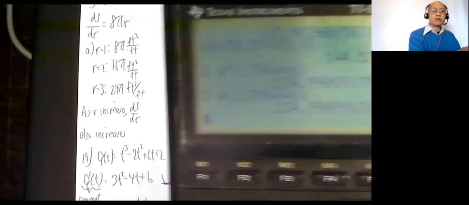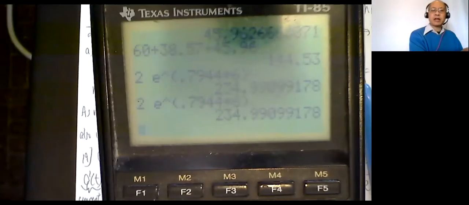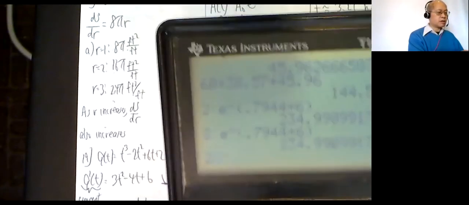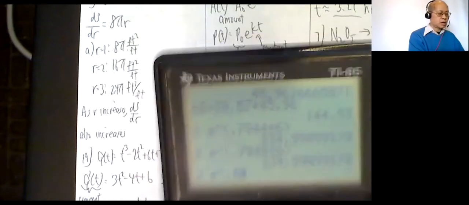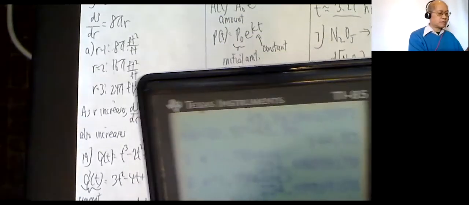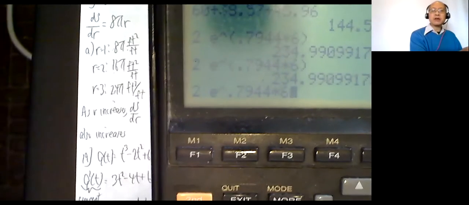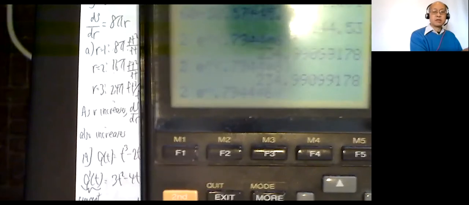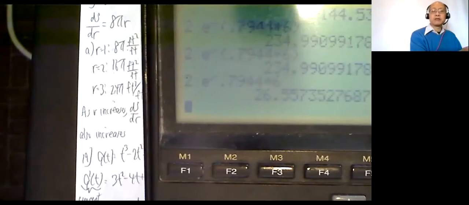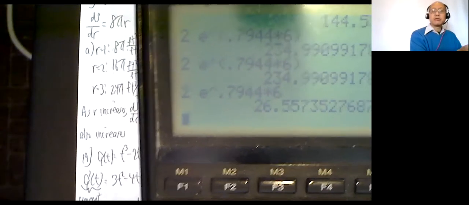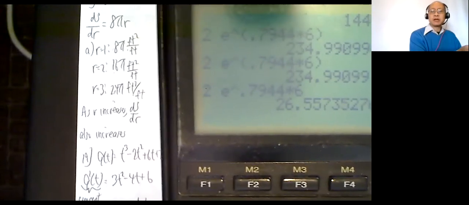Now watch out, do not do this. If you have a calculator like mine, it might be a bit of a disadvantage if you do this. So watch out for this. I'm going to go ahead and show you. 0.7944 times 6. I suspect this is not going to work. Let me see. Yeah, different answer. See what happens if I don't put parentheses?